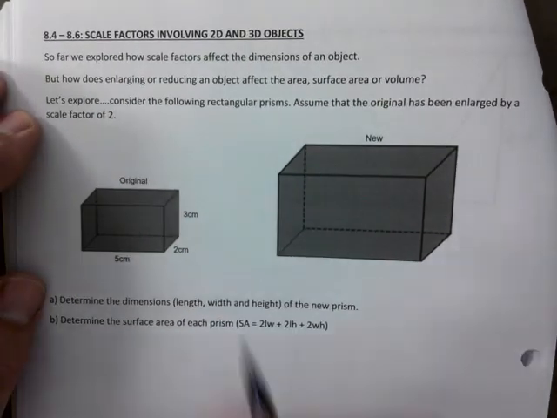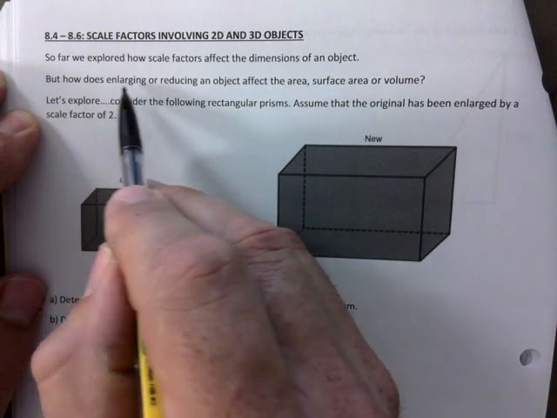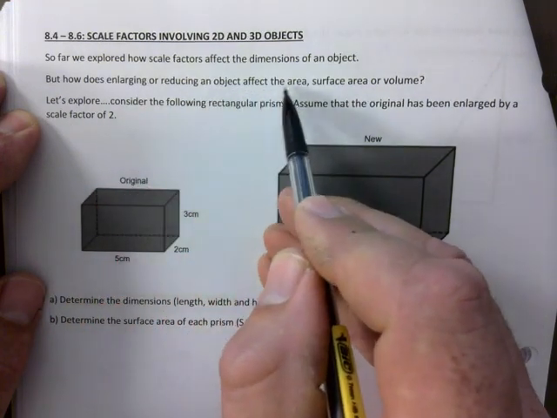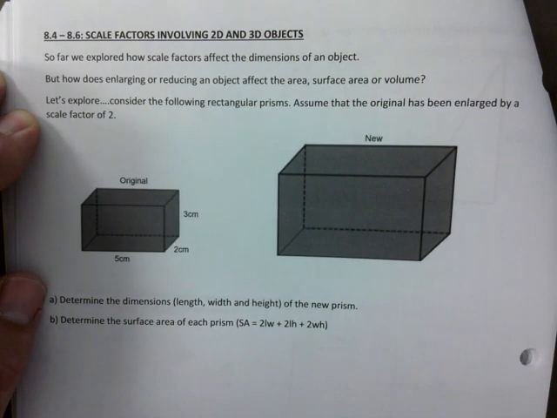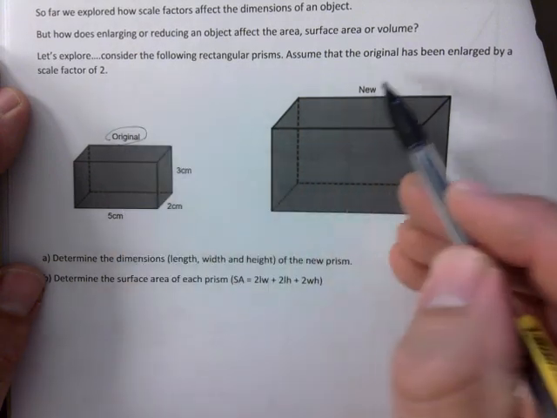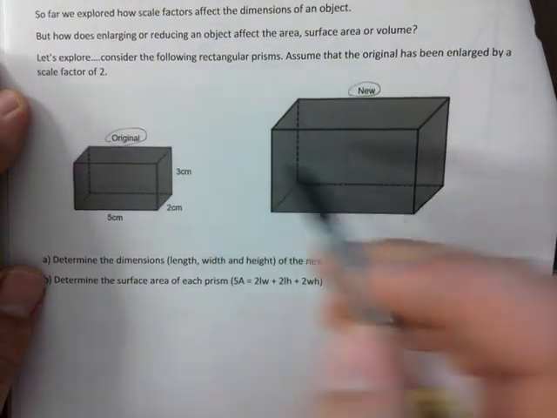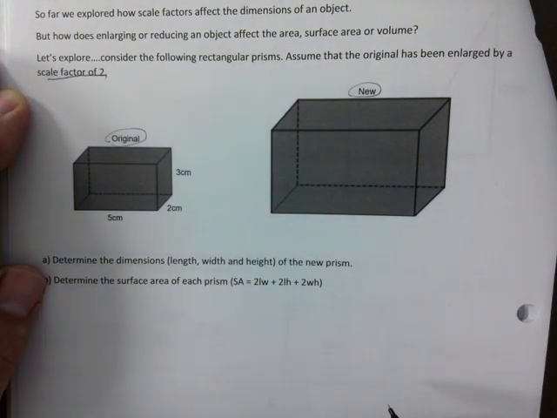Okay, so far we explored how scale factors affect dimensions of an object, but how does enlarging or reducing an object affect the area, surface area, or volume? So we'll explore that. Let's assume this is our original, this is our new shape, and everything has been affected by a scale factor of 2. What does that mean?